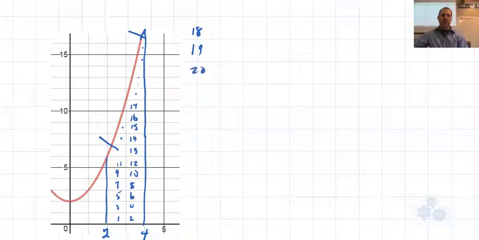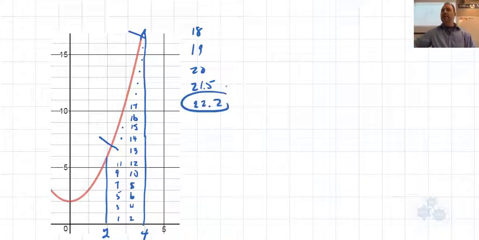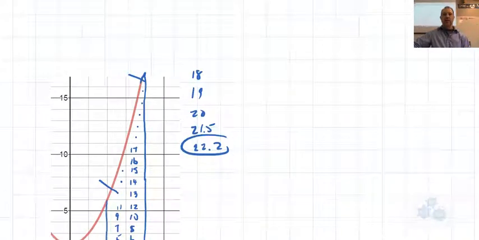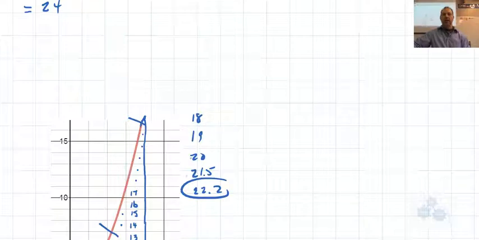Now this one looks like about 21.5 or so, and then just not quite 1, so maybe 22.2-ish, I don't know. Does that make sense, just adding up fractions of the squares here? So how does that compare with what we just did? Oh, 24 and 22.